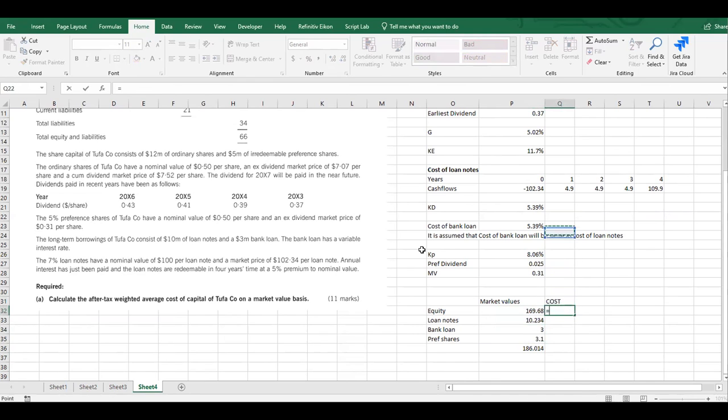Cost of equity select कर लें. 11.7. KD is 5.39. 8.06 multiply कर दें.